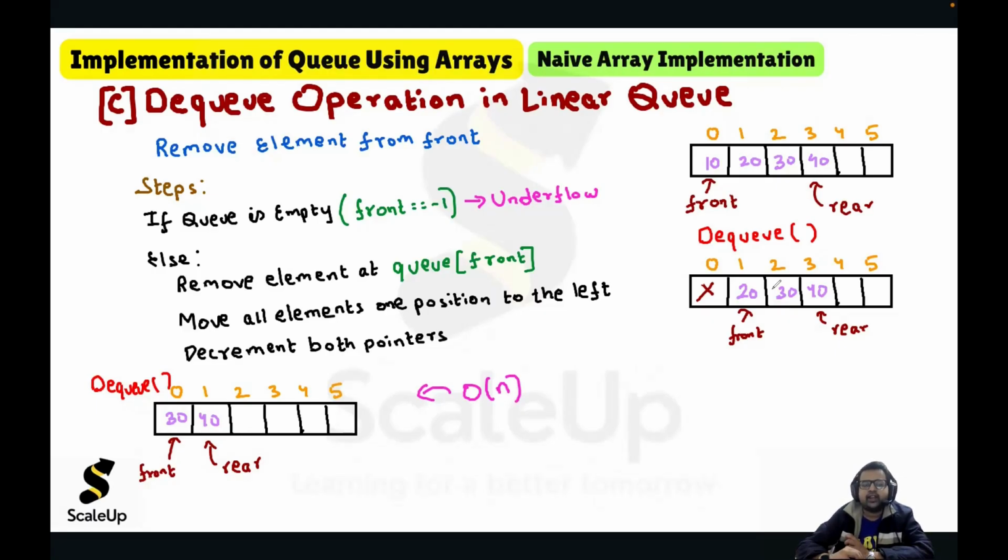So the idea is that this linear queue, although it's very simple, is not that efficient when it comes to real-time systems or competitive programming, because of the issue of unused space. And if you resolve that issue, then the time complexity of DQ will be big O of n.